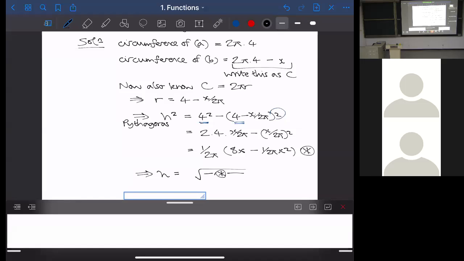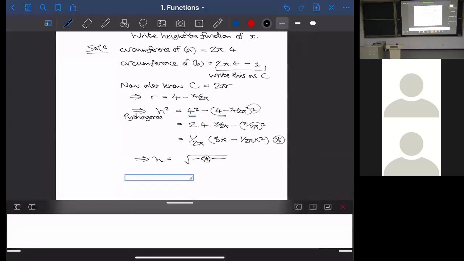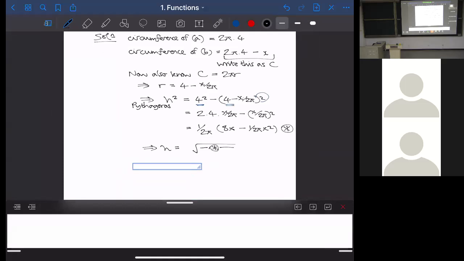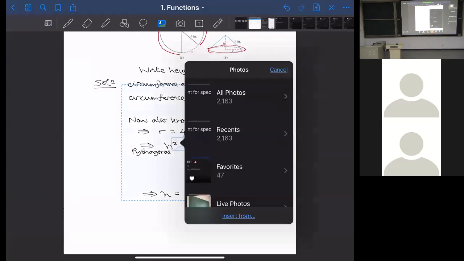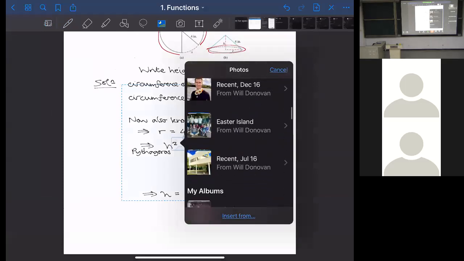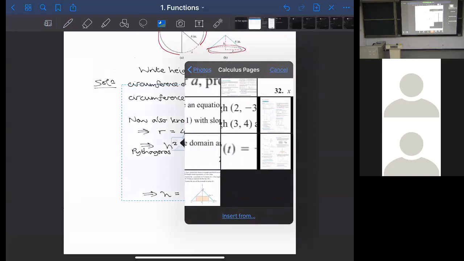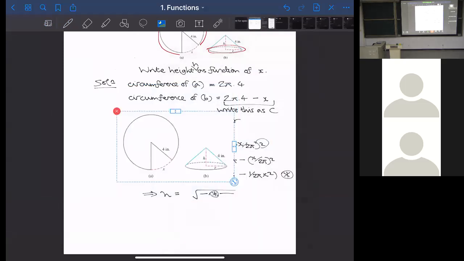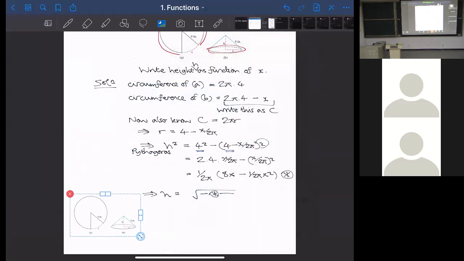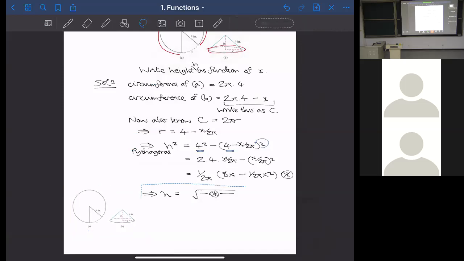But now what should the domain be? Let's look at the picture again. It's like this, maybe.